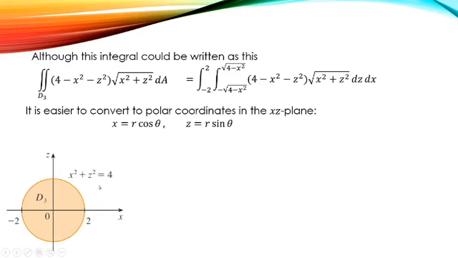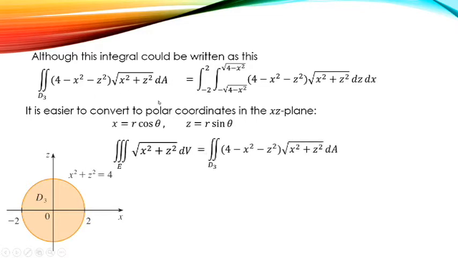So from here, the triple integral of the original function square root of x squared plus z squared dV is equal to the double integral of 4 minus r squared, because minus x squared plus z squared is r squared because of the polar coordinates.